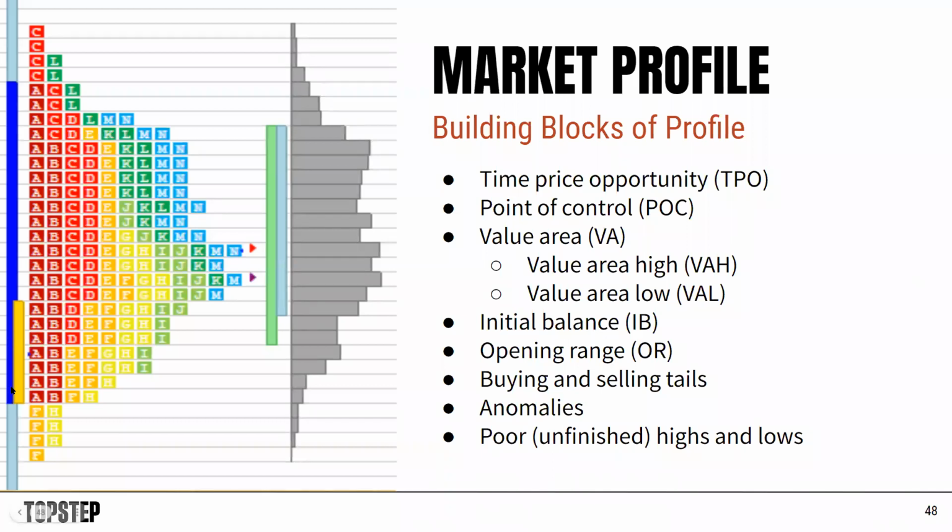The initial balance is, some say, left over from the trading pits, because the locals in the trading pits would use the initial balance to try and find an area where two-sided trade can occur. And in this profile, this is basically almost all two-sided trade. I think you'll understand more as we move along.